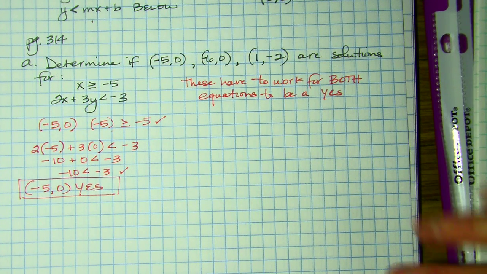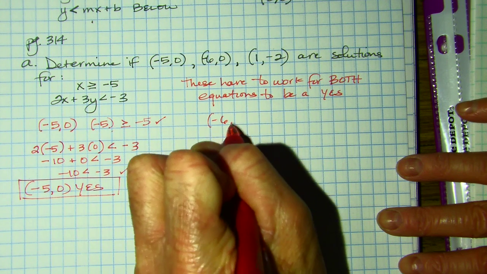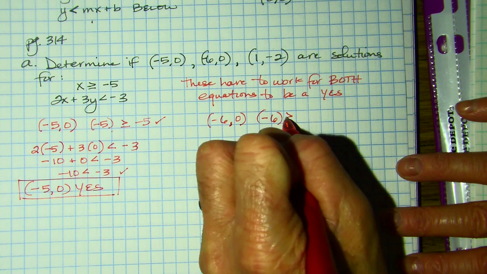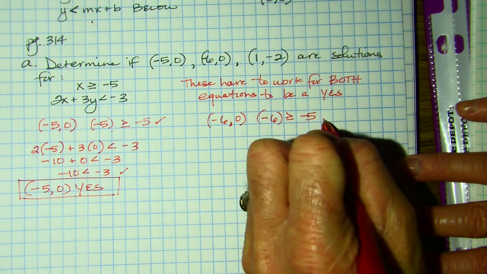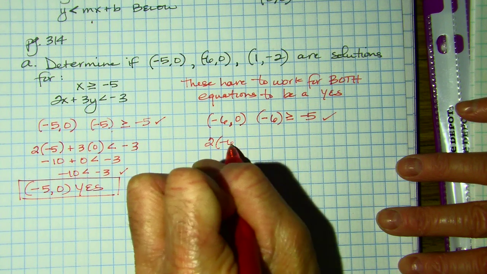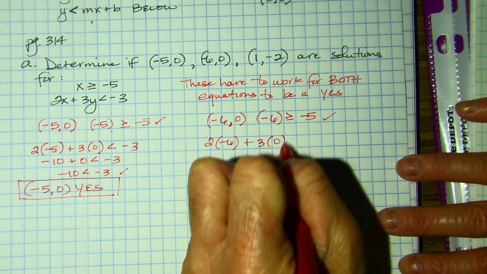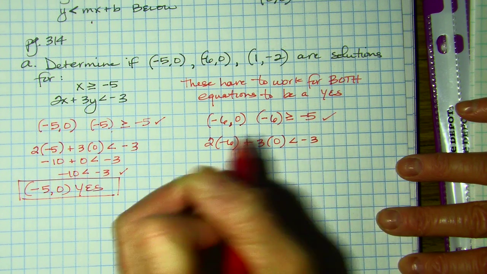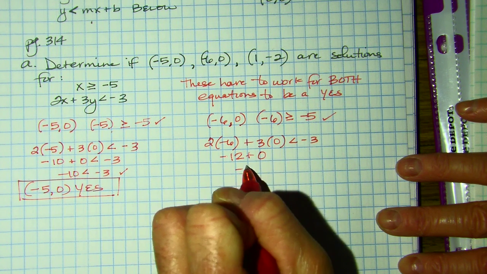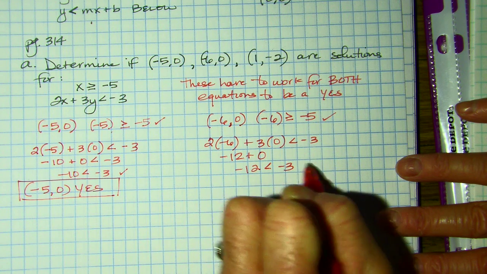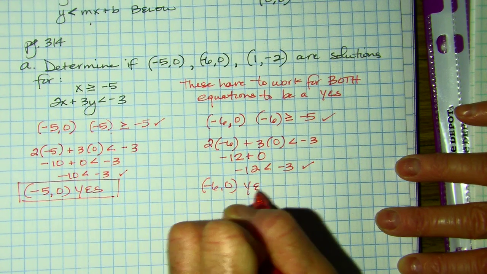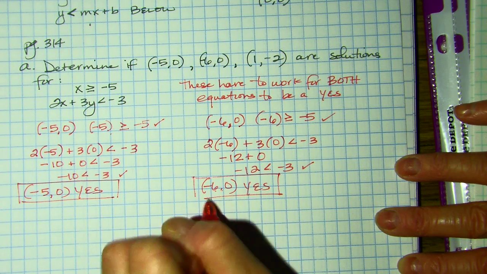I'm now going to move on to the second point, negative 6, comma 0. Is negative 6 greater than or equal to negative 5? Yes. Next, 2 times negative 6 plus 3 times 0, is that less than negative 3? Well, this gives me negative 12, so is negative 12 less than negative 3? Yes.